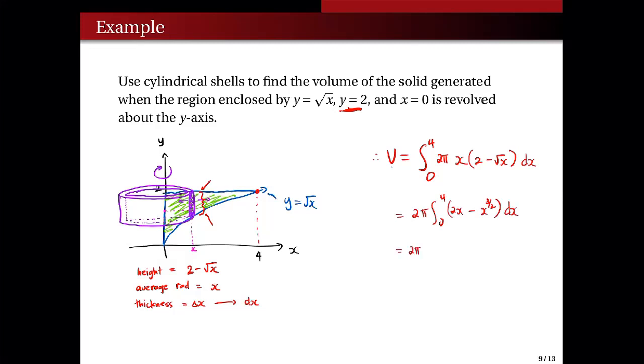So let us calculate this. 2 pi times the integral of 2x, that's x squared, minus the integral of x raised to 3 halves, that's x raised to 5 halves divided by 5 halves. Then you evaluate this from 0 to 4.